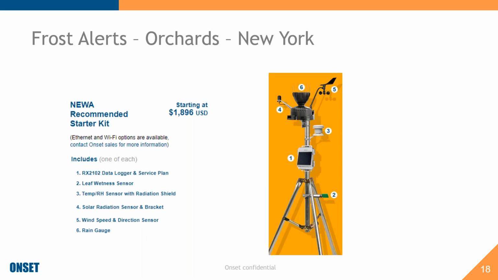The great thing about it is that they were able to do it with a single station, which allowed them to do everything for a single data plan. So for $100 to $250 per year, they're able to monitor this and have peace of mind that their operations are running smoothly.